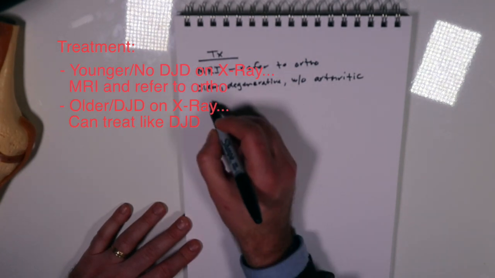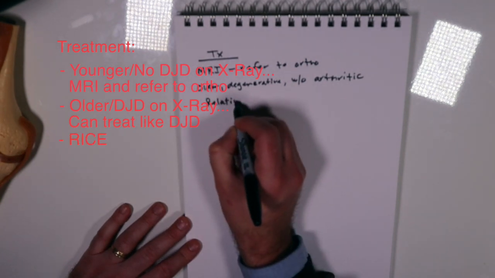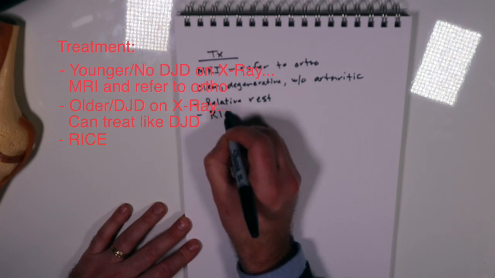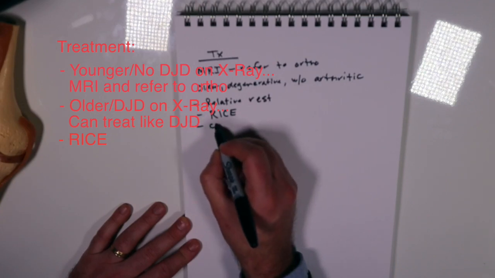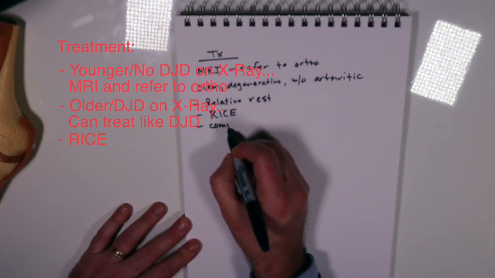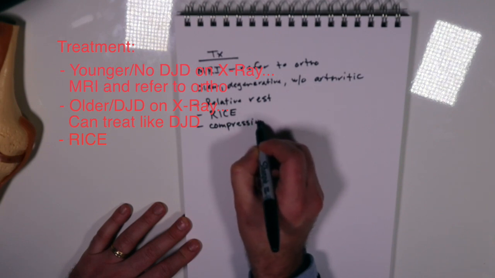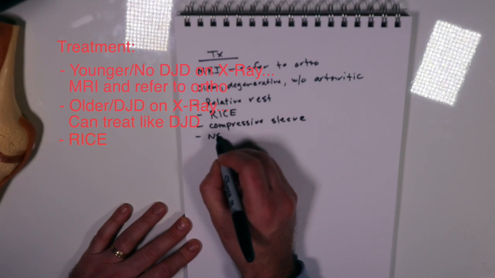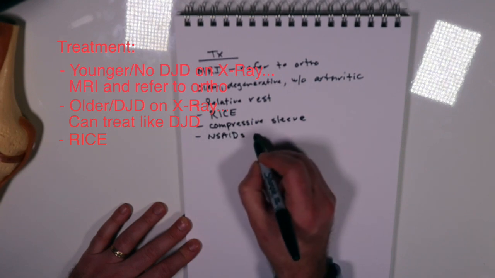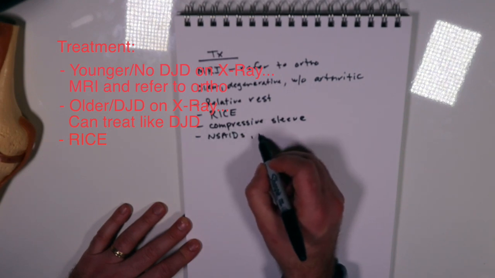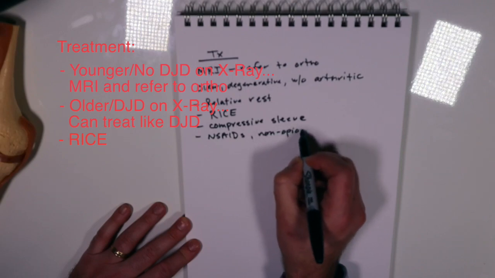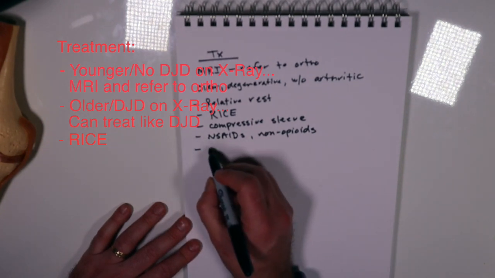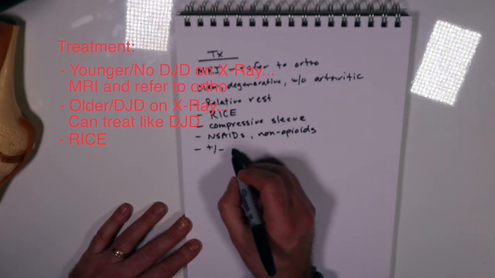And that can be with relative rest, RICE. Compressive wrap may help, or compressive sleeve. NSAIDs or non-opioid analgesics. You may even want to consider an intra-articular cortisone injection.